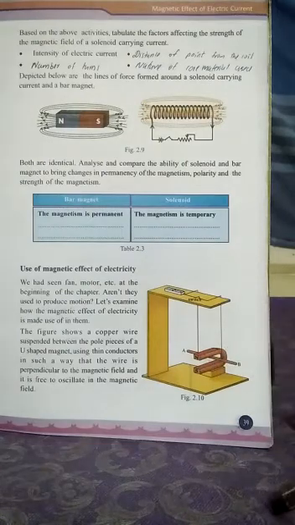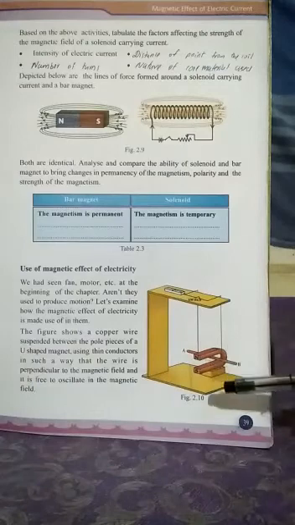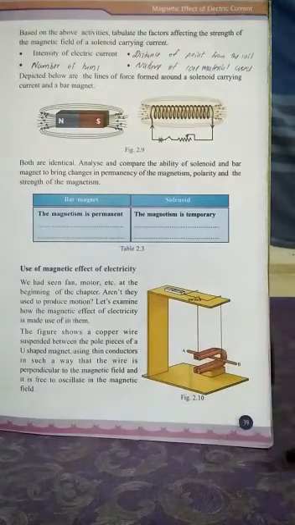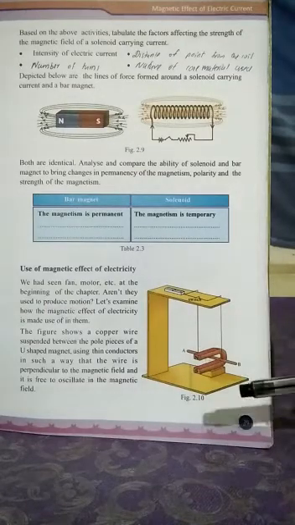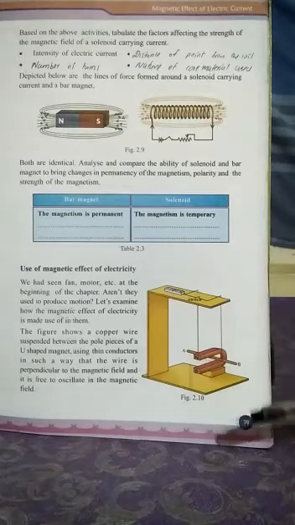You have seen that when a magnetic compass is brought near a bar magnet, it deflects, because the compass needle can rotate freely on its axis.